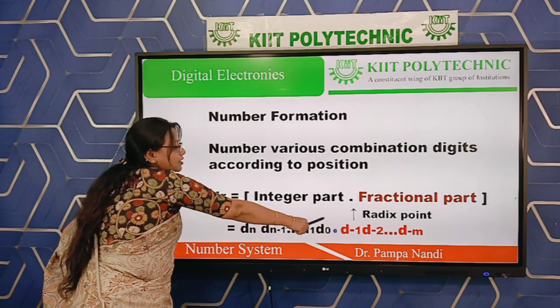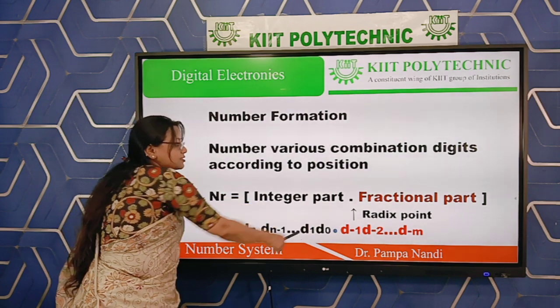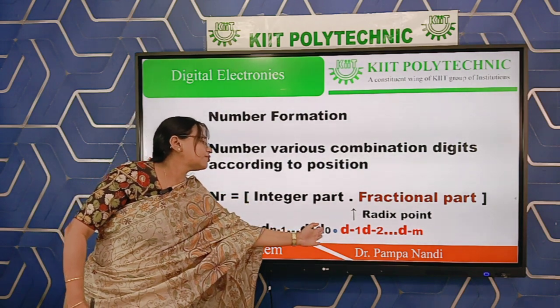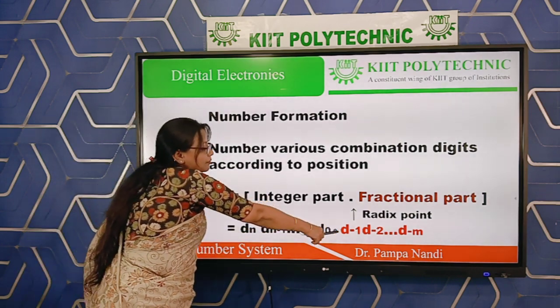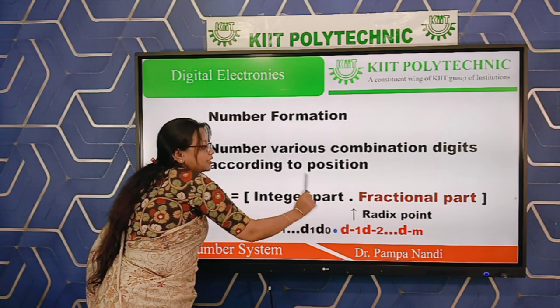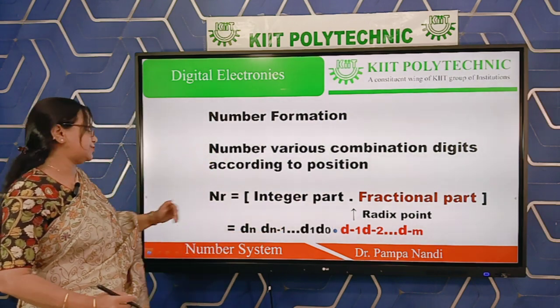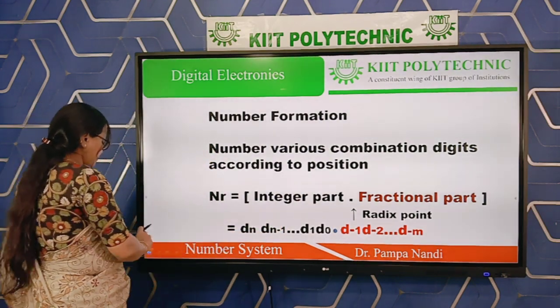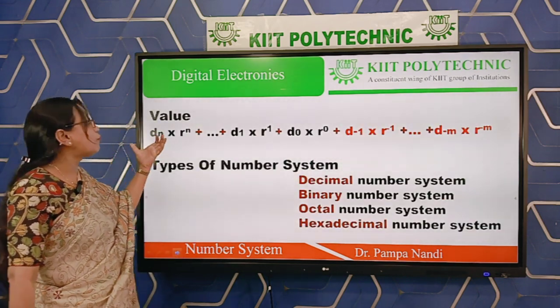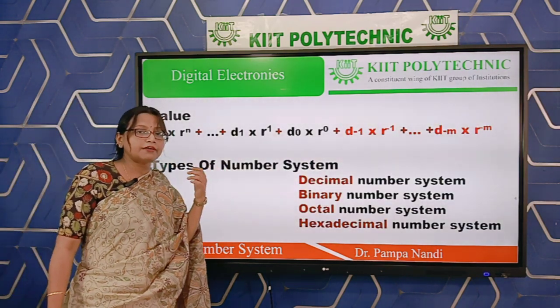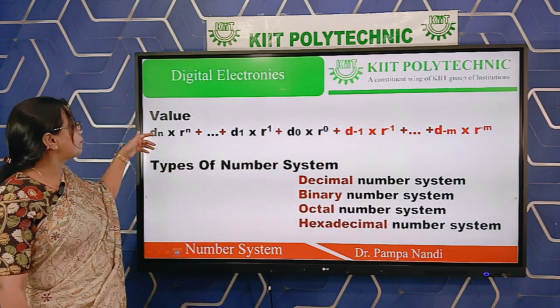Now the lowest integer place is just to the left of the radix point, and the highest place of the fraction part is just to the right of the point. Now, when we are calculating the value, this is the formula.